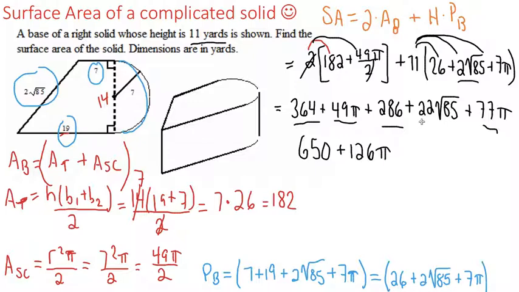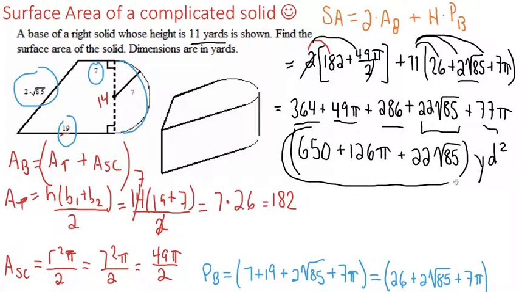And then my radical number, it's not a like term with any of them, so I would just write it after. And then finally, I just add the unit, which is yards squared, because we're talking about area again. So if you just follow the formula every time and fill in the values, then you can calculate it.